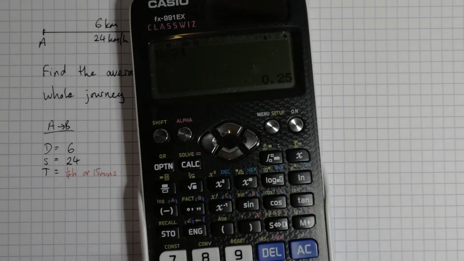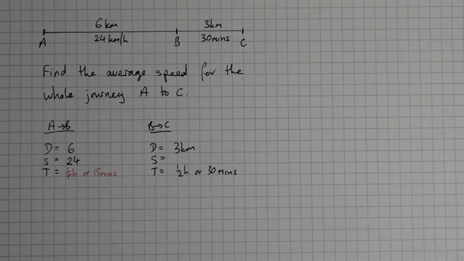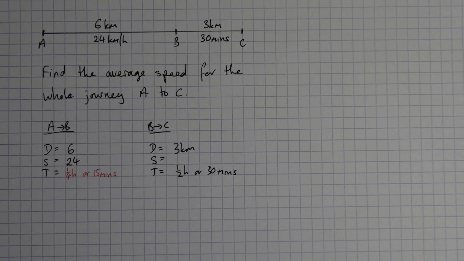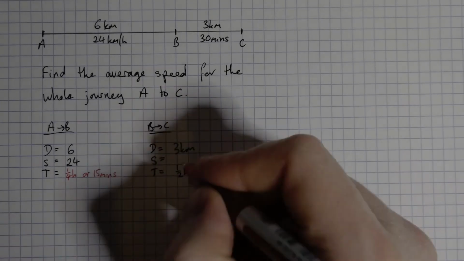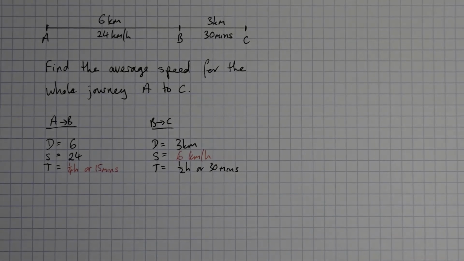So let's do the distance 3 divided by the time, half, is 6. So 6 kilometres per hour was the speed.